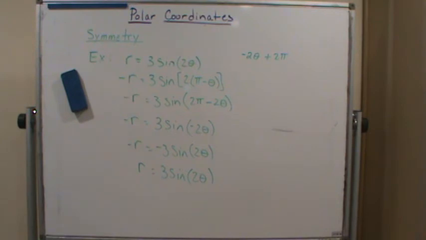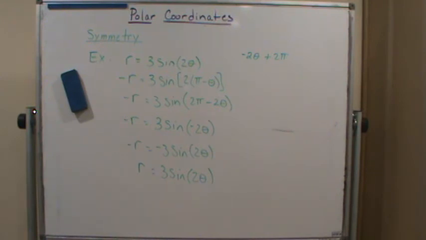Okay, so remember what the guideline was. It says the curve is symmetric about the polar axis if for every point r comma theta on the graph, the point r comma negative theta is also on the graph, which means that the graph is unchanged if you replace theta with negative theta.